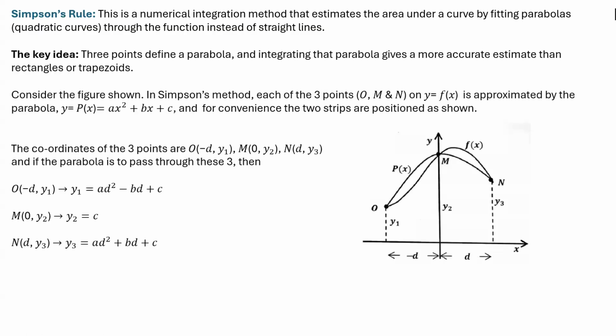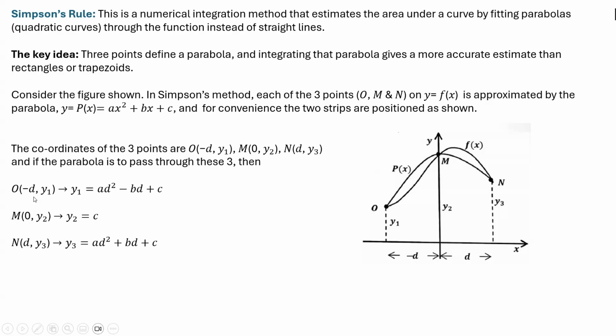You can see the equation of a parabola, which is ax squared plus bx plus c. So 3 points are enough to define a parabola. The first point is on the negative side of the origin, and the last point is on the positive side. So for y0, we get our point, which is minus d, and y1.